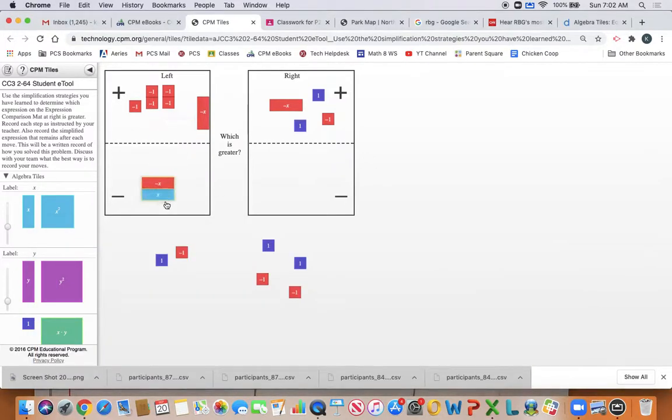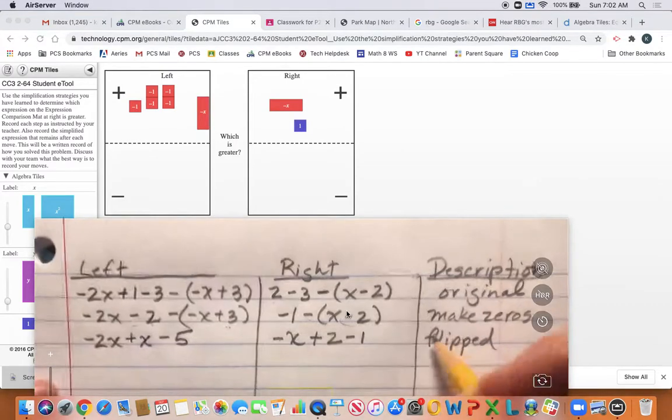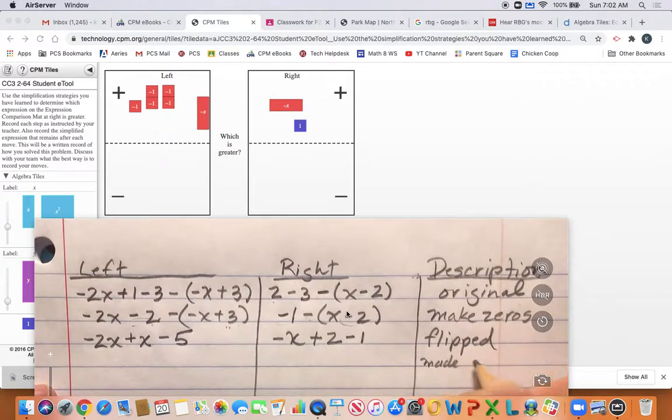These two, of course, make a 0. These two right here also make another 0. So we'll go back and record that. So again, we made zeros. But also when we count these up, we're going to combine any like terms we had. And so we can also say that we combined like terms.